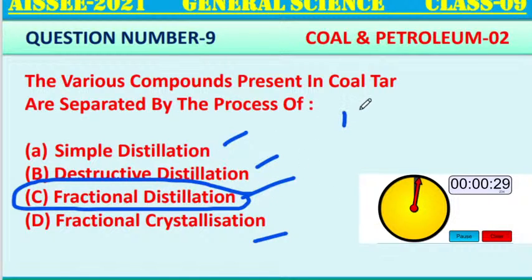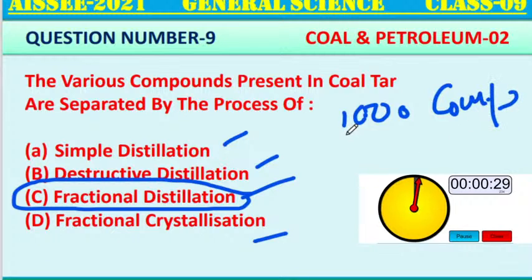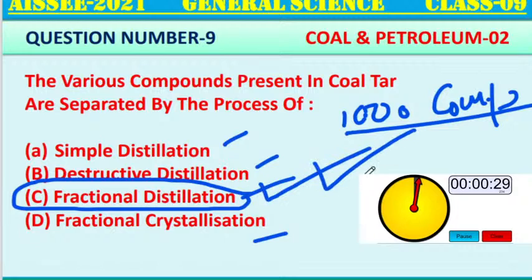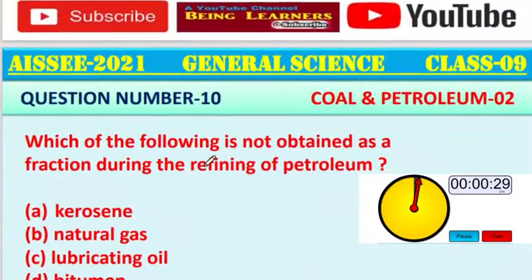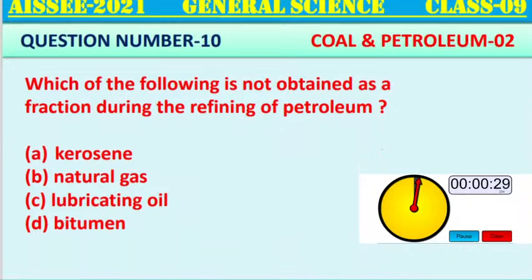Around 800 or 1000 compounds are there in coal tar. They are separated by the process called fractional distillation. Okay. So now question number 10 for you, and your time starts now.